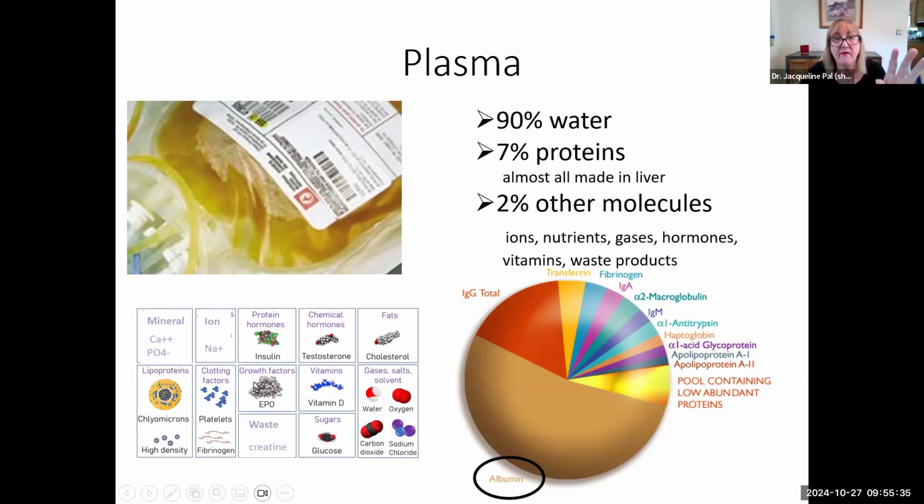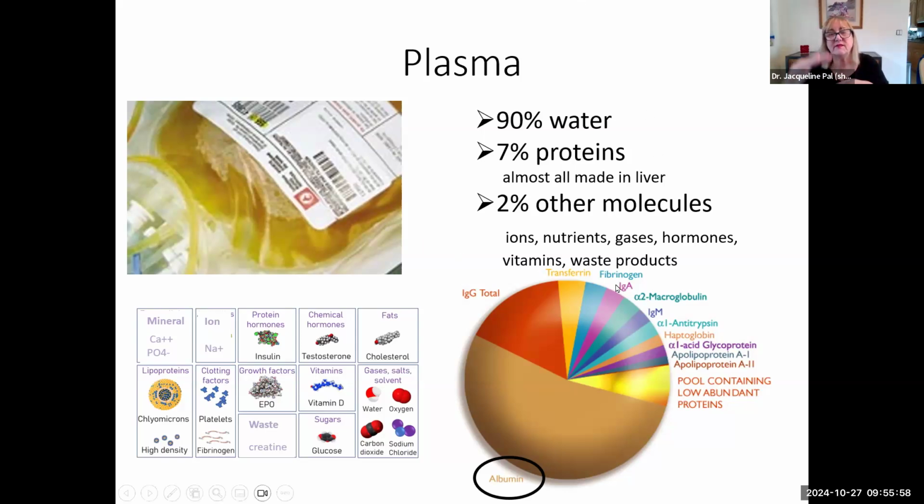We can have things like erythropoietin, which we're going to talk about later on. Waste products, creatinine, you don't know what that is, but it's a waste product. How about vitamins? Vitamin D, which is needed for absorbing calcium. We've already talked about vitamin D. We talked about nutrients like sugars, and then gases, oxygen and carbon dioxide. We need those things, okay?